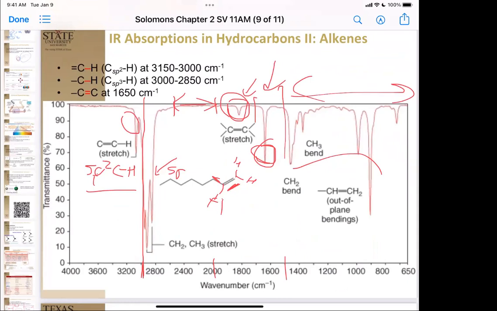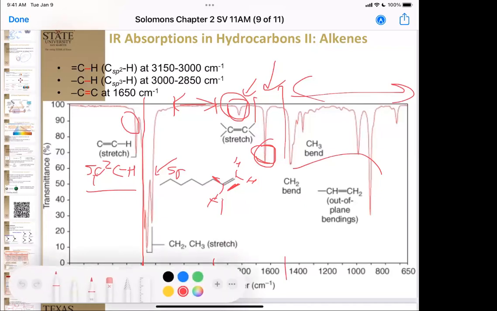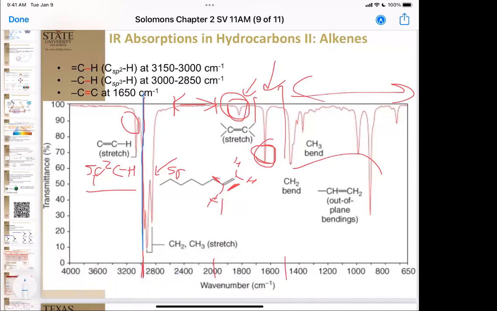Right at this 3,000 line, the ones below it are the sp3 hybridized carbons with hydrogens on them. The ones above are the sp2 hybridized carbons with hydrogen on them. Notice I said it has to have hydrogen there. If you have a double bond in the middle of a chain that has no hydrogens on it, then it will not show up there. So you have to have that hydrogen.